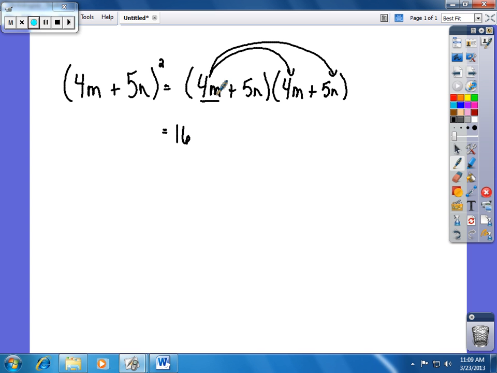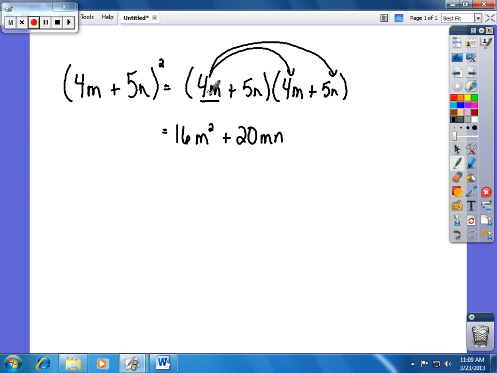And then we have m times m, which is m squared. And then we'll do 4m times 5n. So we've got 4 times 5. And again, everything's positive, so we know these are all going to be plus signs. So we've got plus 20, so that's 4 times 5. And then m times n, well, since it's not the same variable, we just write m times n there, okay?